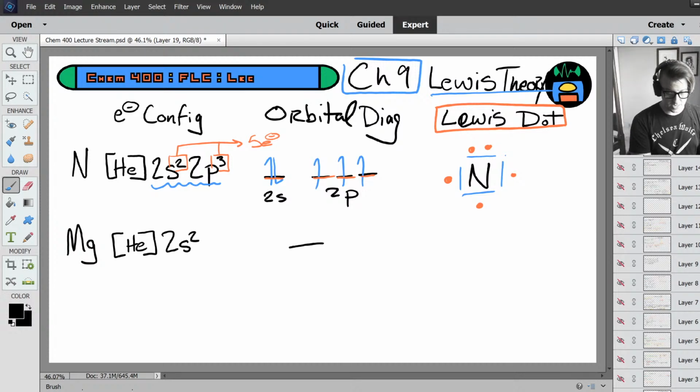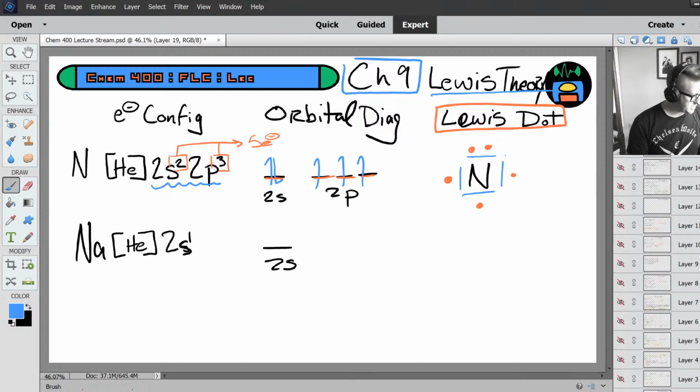So the orbital diagram, let's not do magnesium, let's do sodium. Going off my notes for a moment here. 2s1.